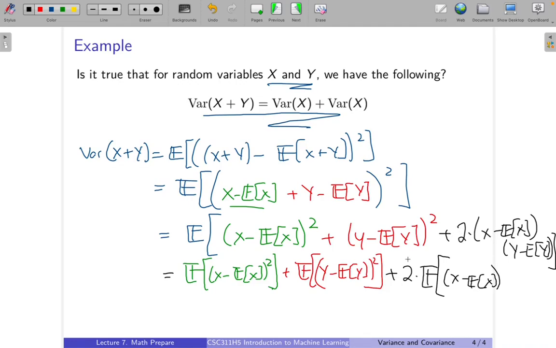I've also pulled the 2 out of the expectation, times y minus the expected value of y. All right, so now let's take a look.